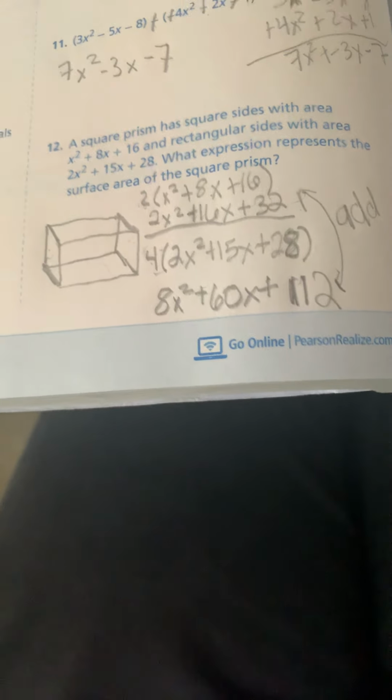So then I take these 2 and I'm going to add them together. So that would give me 2x squared and 8x squared.